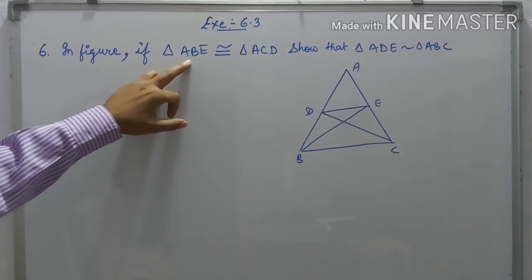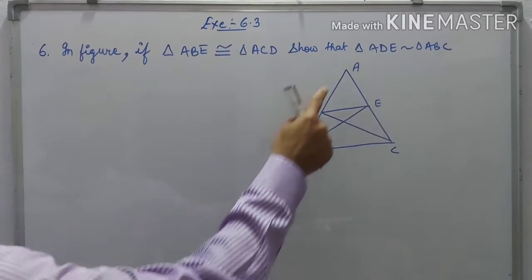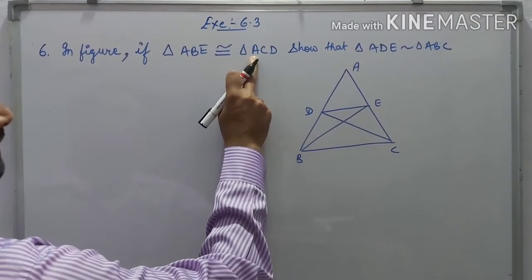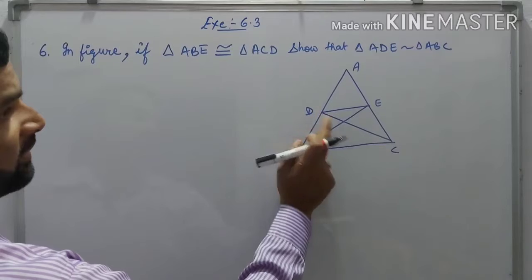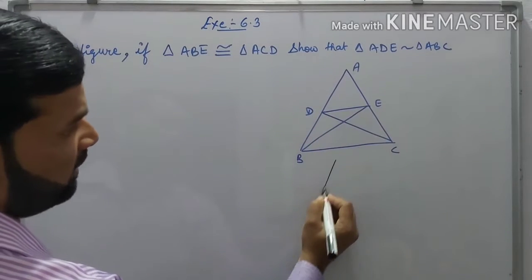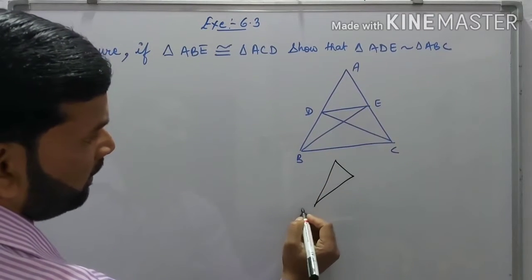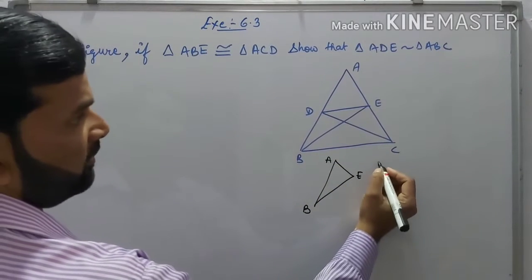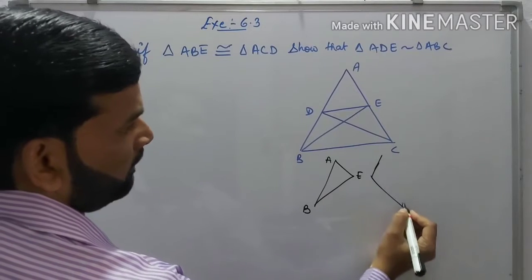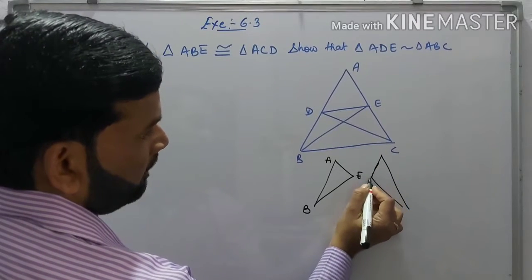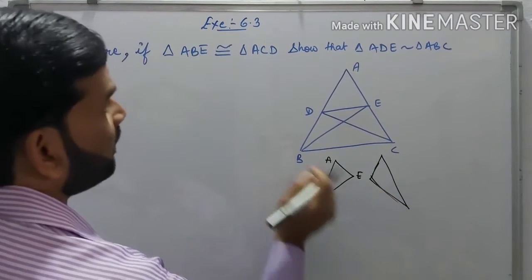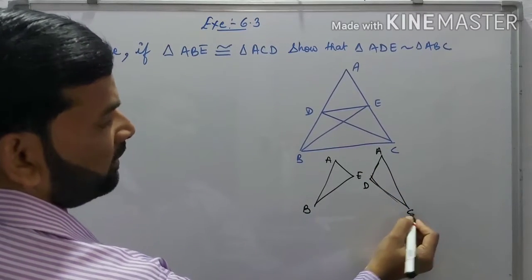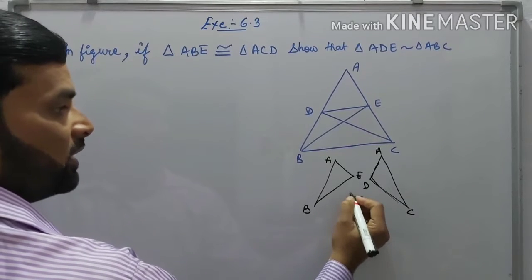Question 6 is given in the figure. If triangle ABE, where is triangle ABE? ABE. Okay, and triangle ACD, these two triangles, BAE and ACD, that is ADC, are congruent.